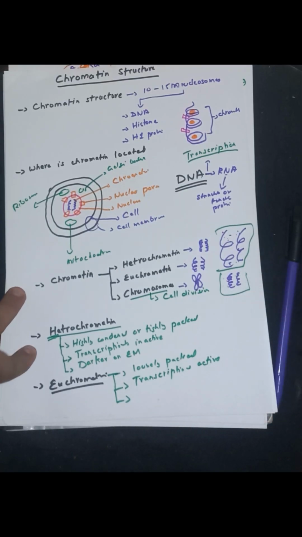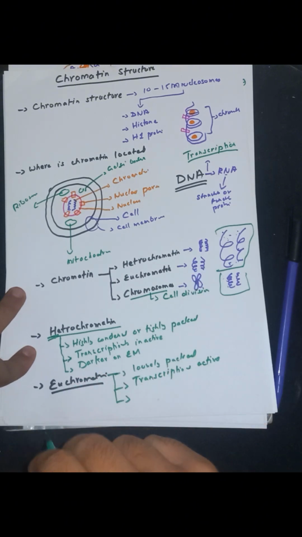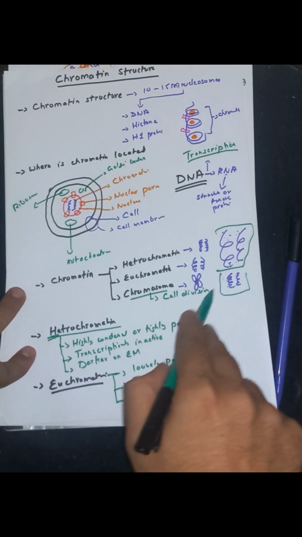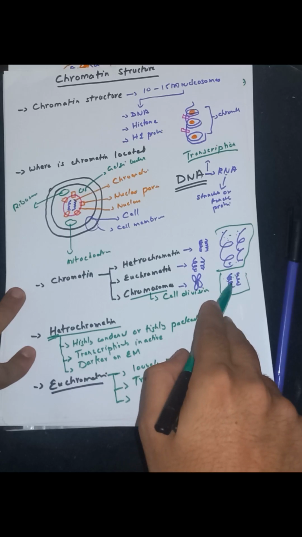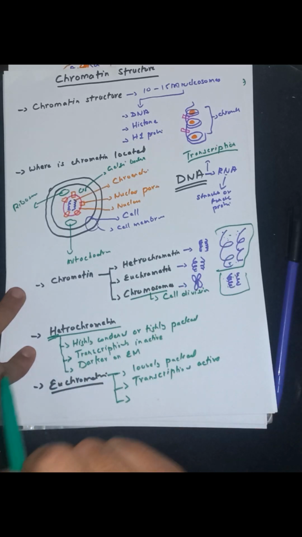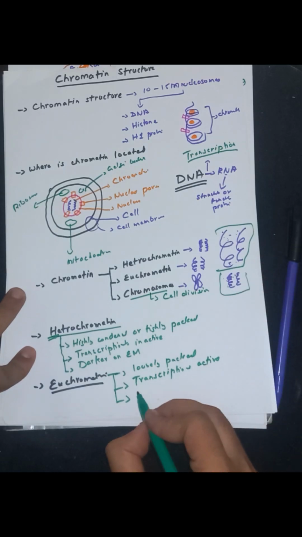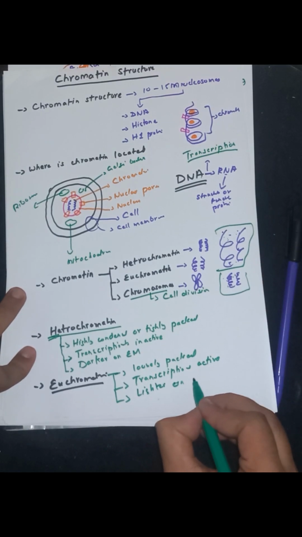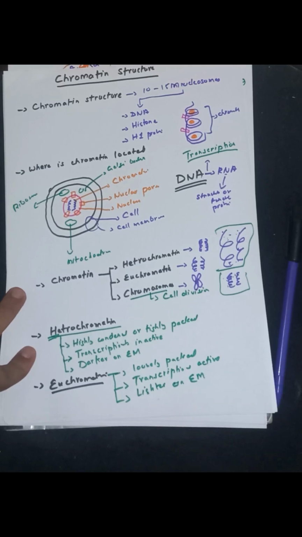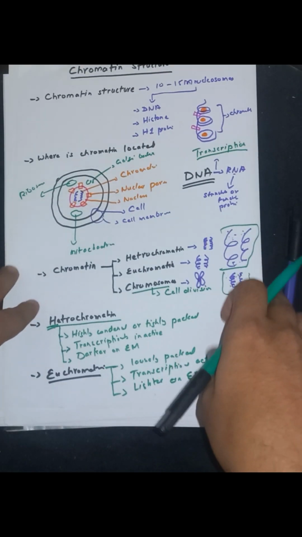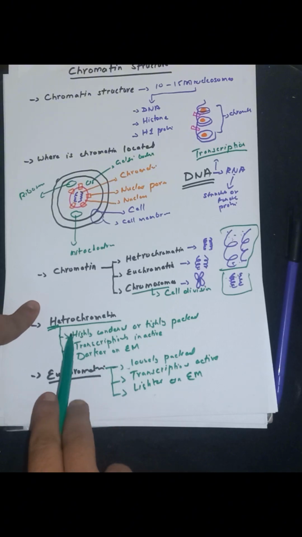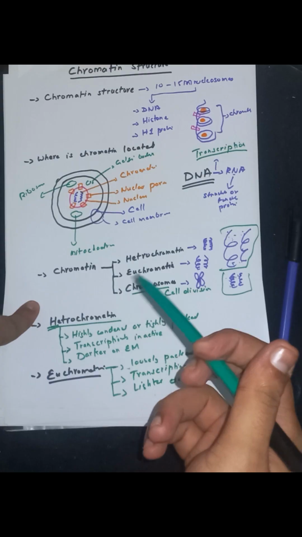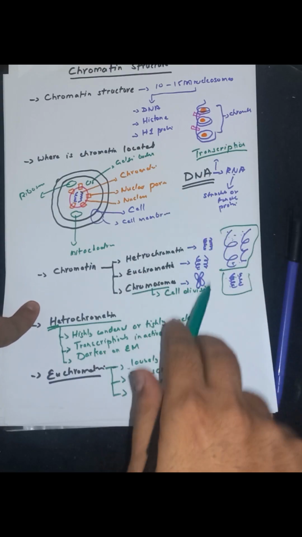What will be the other thing that will happen? It will appear lighter on the electron microscope. Like I showed you, the condensed one is darker and the loose one is lighter, so it will appear lighter on electron microscope. So we know why heterochromatin is tightly packed, because of DNA methylation and histone methylation.